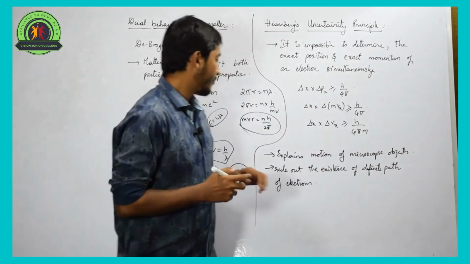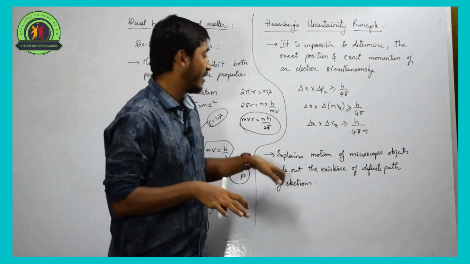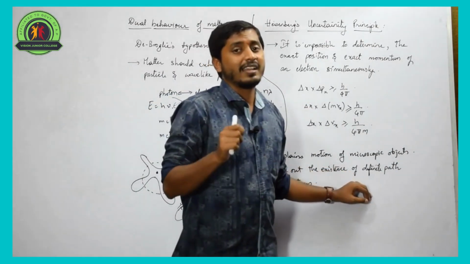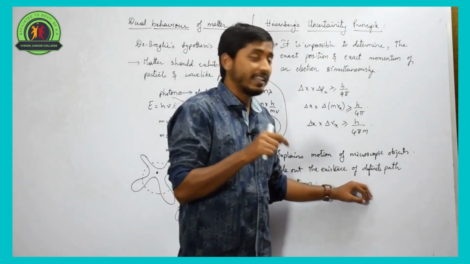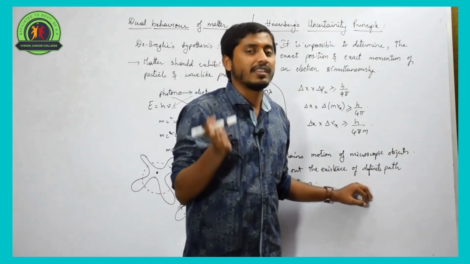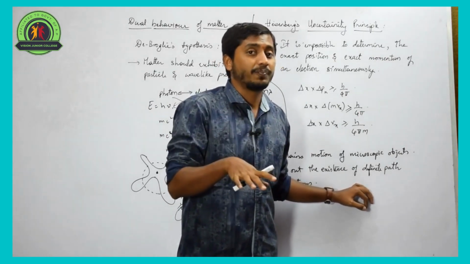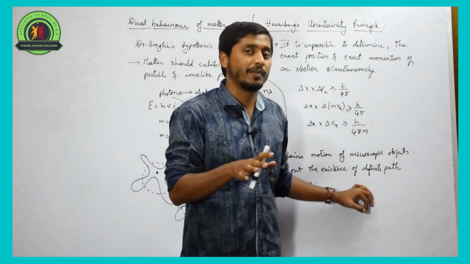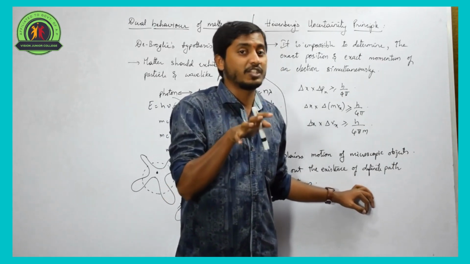And he ruled out fixed theories, as there are many theories that there is a fixed path. Not only in Bohr's theory, there are a few more scientists who tell that electrons revolve in a fixed path. It can have an orbit, but we can't assure that the electron always rotates in a fixed path.